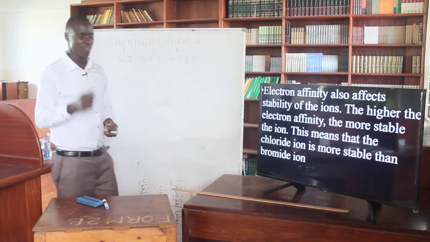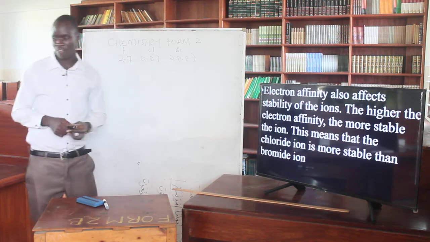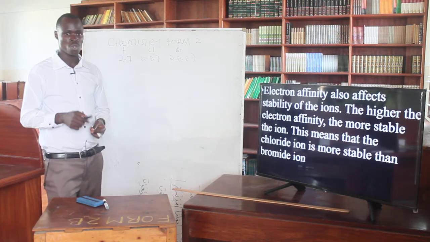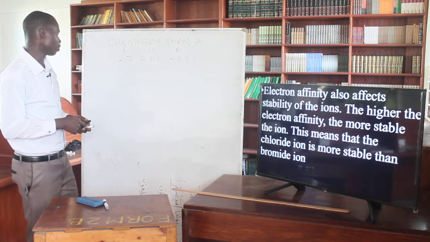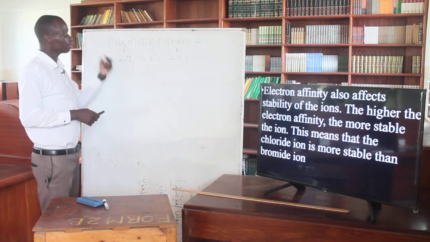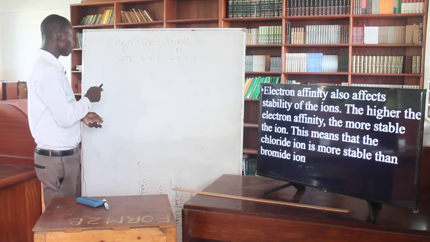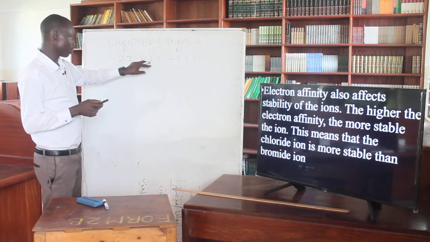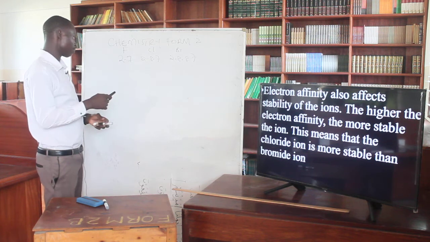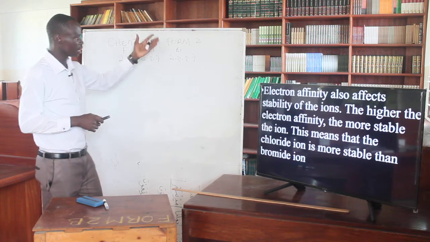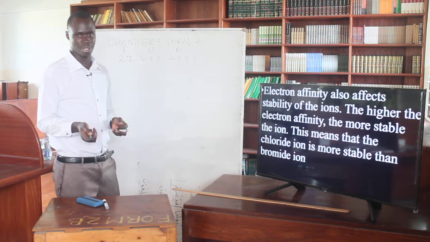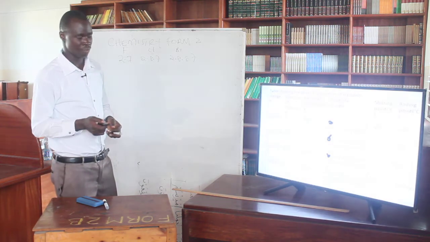So electron affinity can also affect the stability. You find that the higher the electron affinity, the more stable the ion. So chlorine is the most stable because it has the highest electron affinity, followed by this one, and that's how it's going to be according to electron affinity.